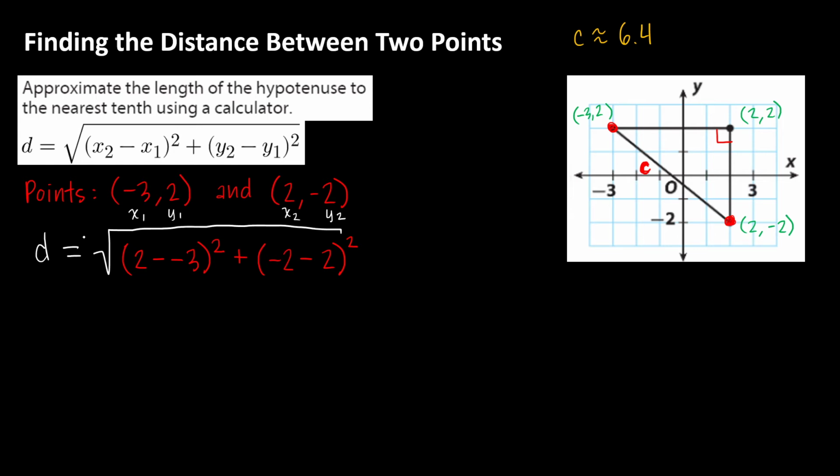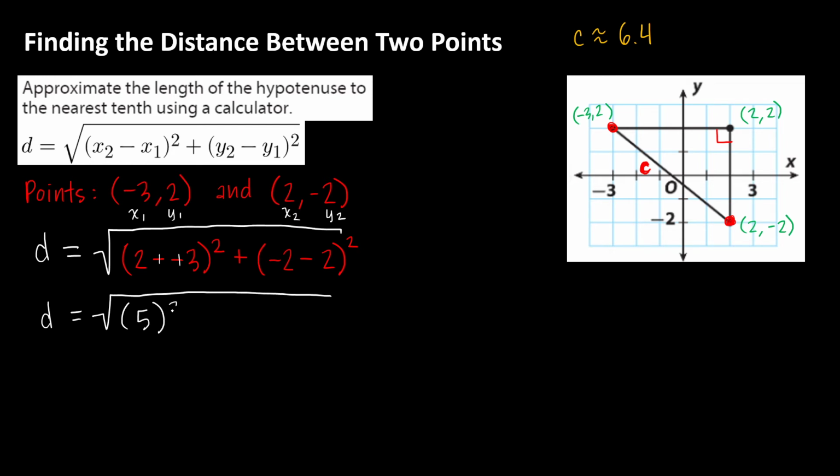Now we need to use a little bit of PEMDAS or GEMMA. I need to work with my parentheses first. If I have some operations to do in parentheses, those come first. So 2 minus -3 is going to be +5. This is 2 plus 3.